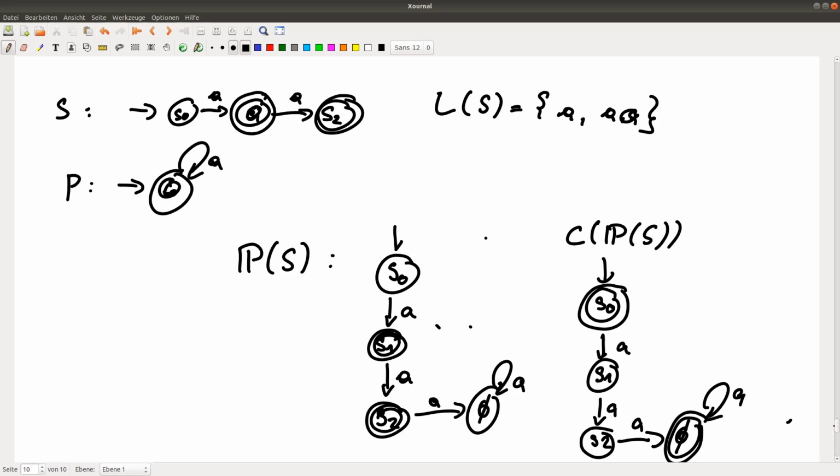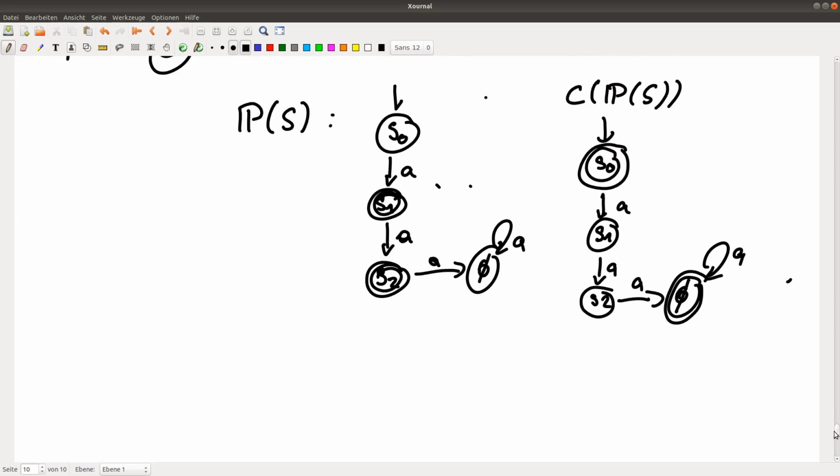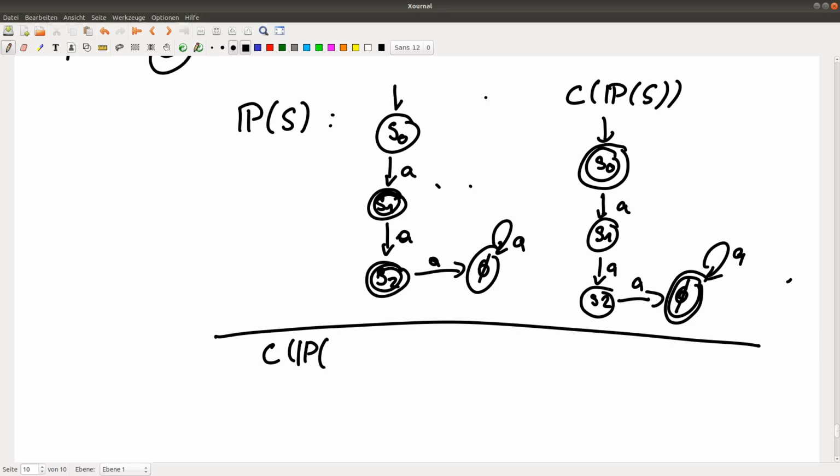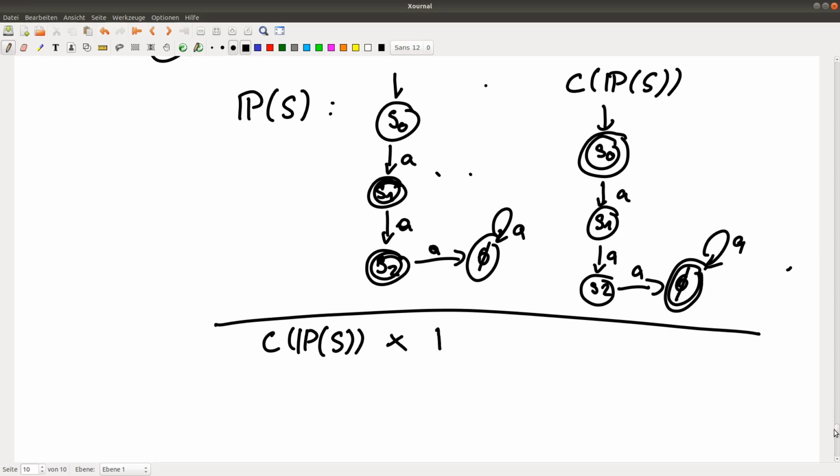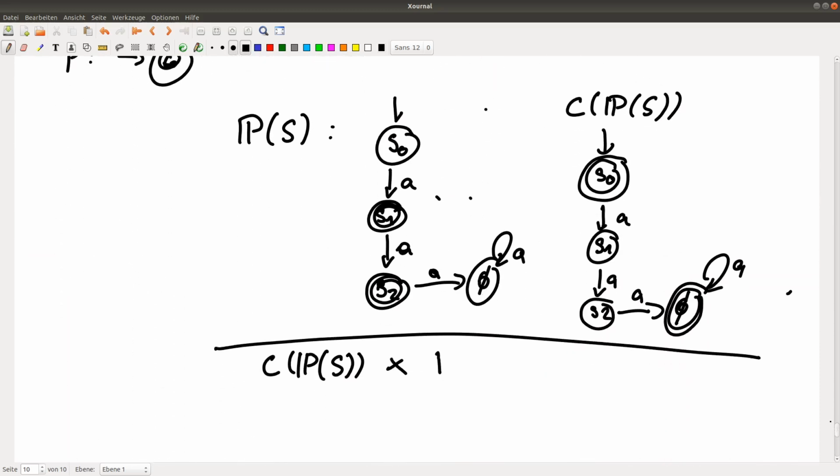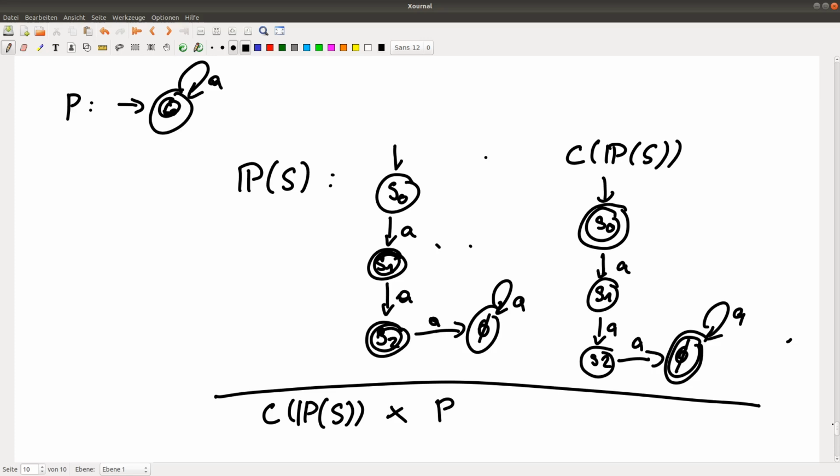And now that we have that, we can do the product automaton of, say, PS and our program, which I called P. And we have this one called T0. So we have one initial state, which is S0, T0.